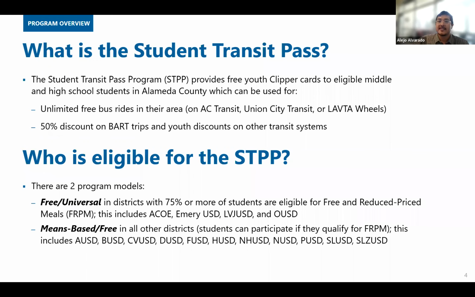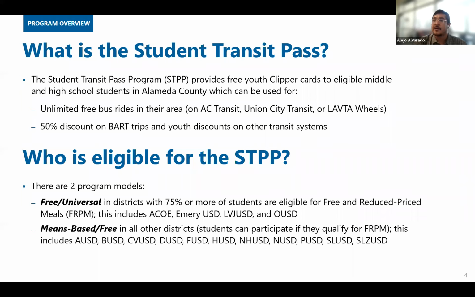All right, so like I said, just a brief program overview. So what is the Student Transit Pass program? It provides free youth Clipper cards to eligible middle school and high school students throughout Alameda County. And they can be used on AC Transit, Union City Transit, or LAVTA. It really depends on the district. So if you're in the Livermore Valley, you can use it for LAVTA.